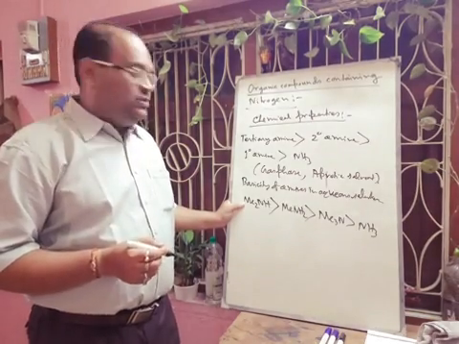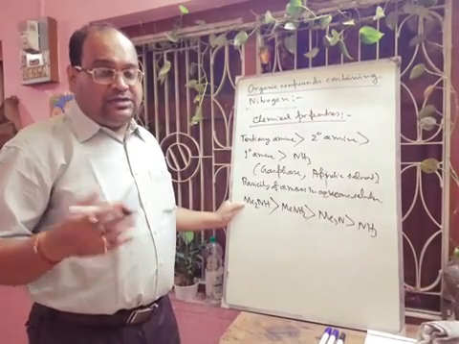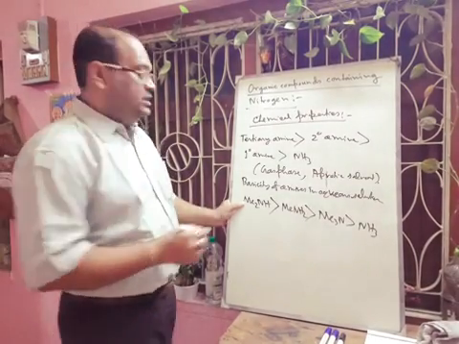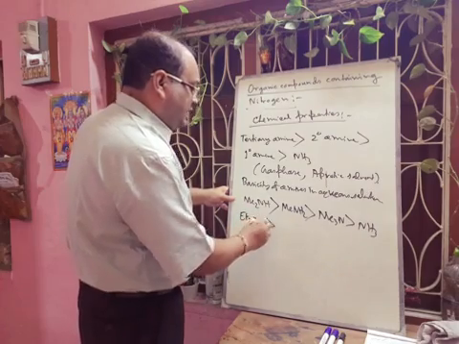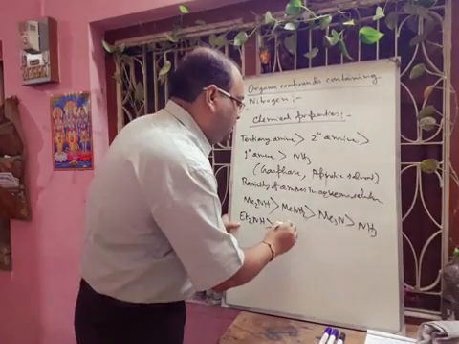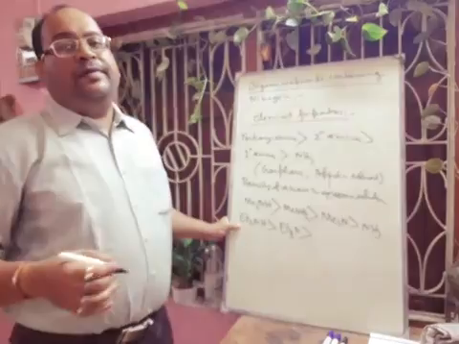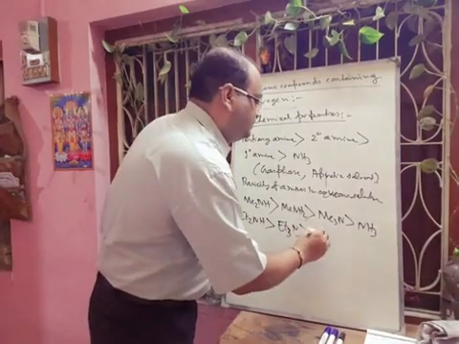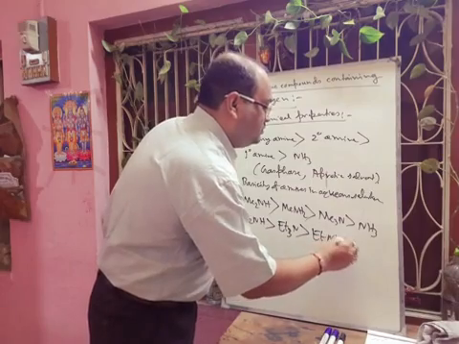But if we think about the ethyl group attached to the nitrogen of the amine, then Et2NH, that means the secondary amine basicity will be the highest. Then Et3N, triethylamine, is coming. Then the primary amine will come, EtNH2, then ammonia will come.